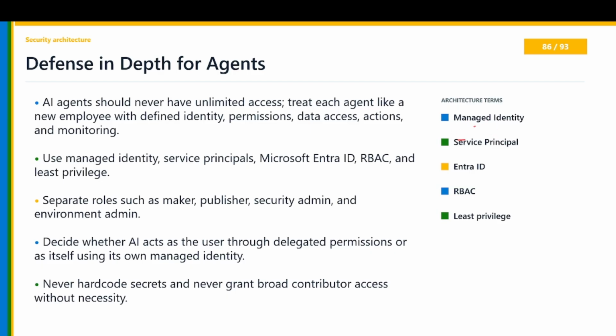It is the easiest, and it is always recommended that you use it as the access layer for resource-to-resource communication. Service principal is also another one. A service principal can be deployed in Microsoft Entra ID and assigned to an application, and the application can use this service principal identity to access every other resource or application you want to access.